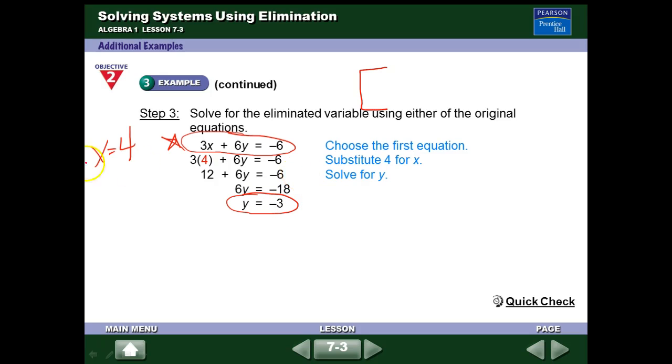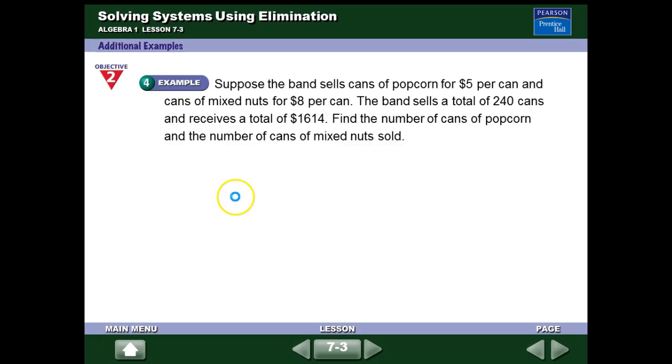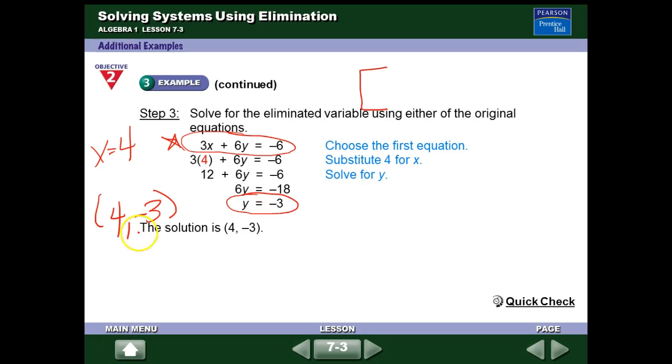So now my ordered pair here is 4, negative 3. Because this is my solution, just like we were finding the day before with solving this system, finding an ordered pair that works for both. You could plug this back in, 4, negative 3, and it would check.